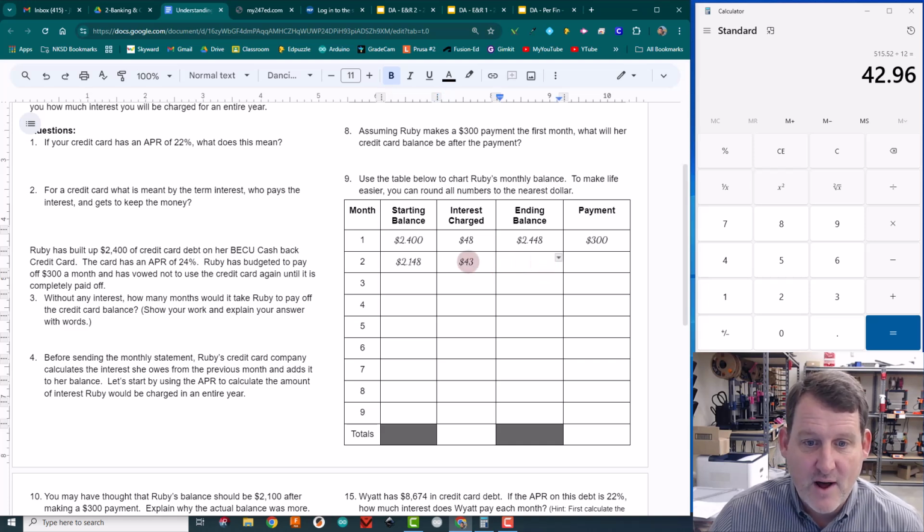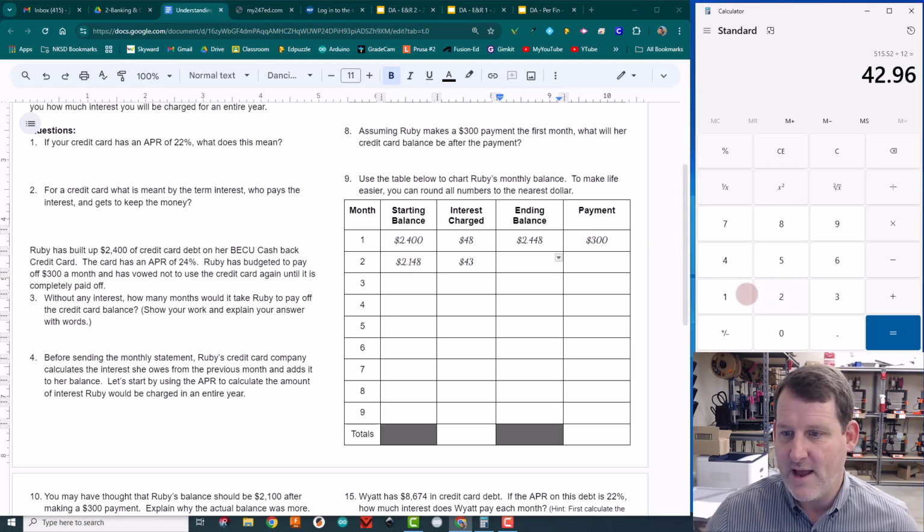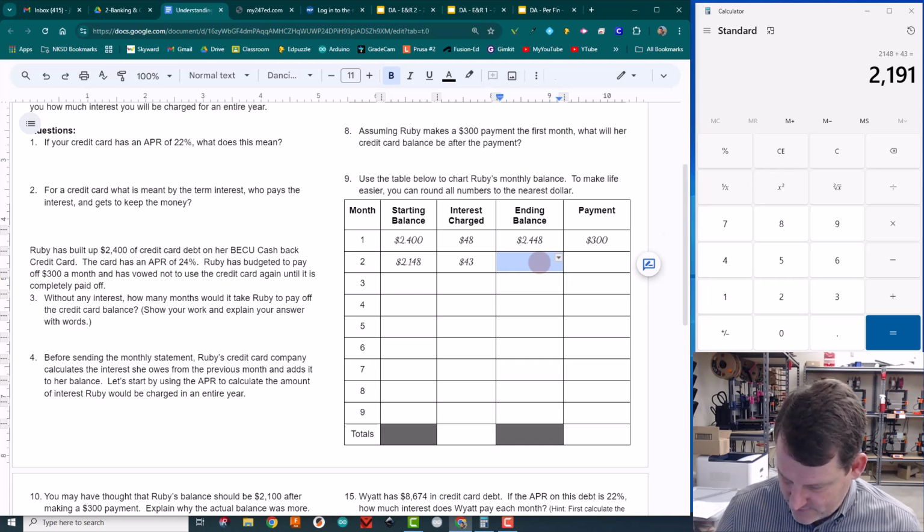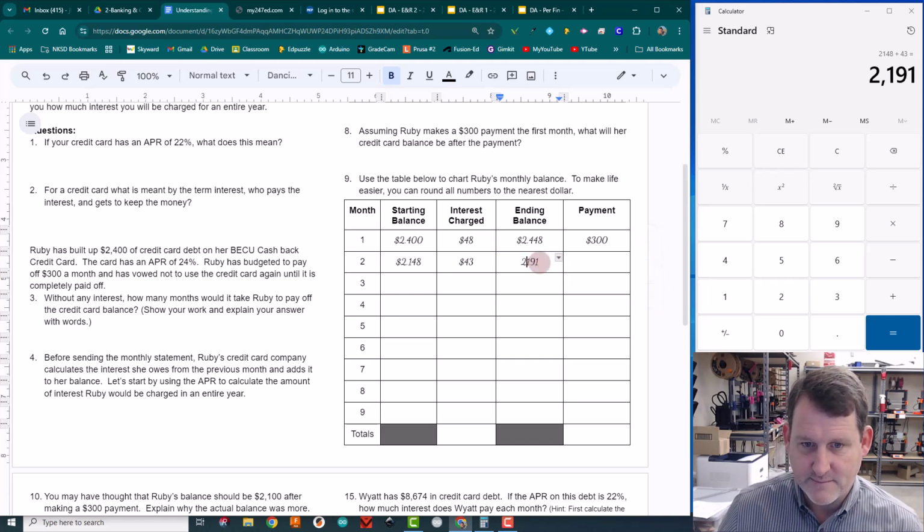And this $43 is interest we're being charged, so it adds to our balance. And when we add $2,148 plus $43, we get $2,191.